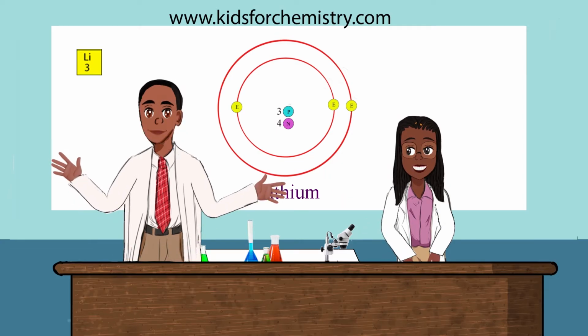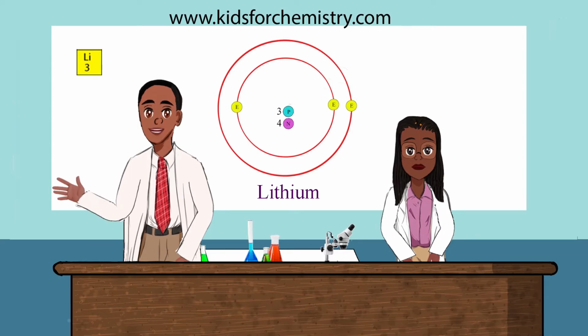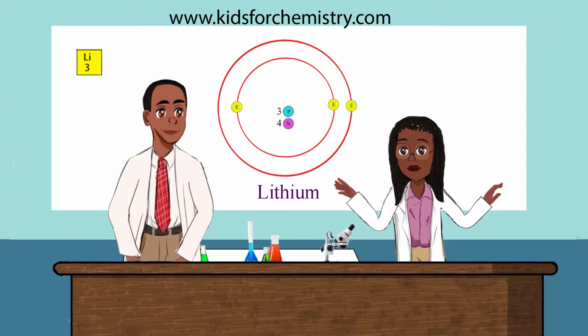That's a shame, because if the neutrons matched the atomic number, it would be so easy to remember. We could say that the atomic number tells you how many protons, electrons, and neutrons are in an atom. Well, it's still easy to remember. The atomic number tells you how many protons and electrons are in an atom.